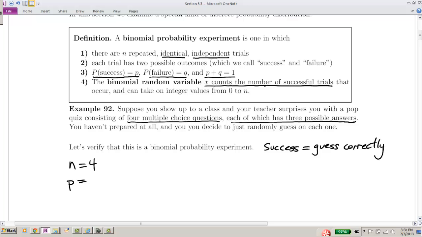That means the probability that we guess correctly on any particular question is 1 out of 3. And the probability that we guess incorrectly is 2 out of 3, right? P and q do add up to 1.